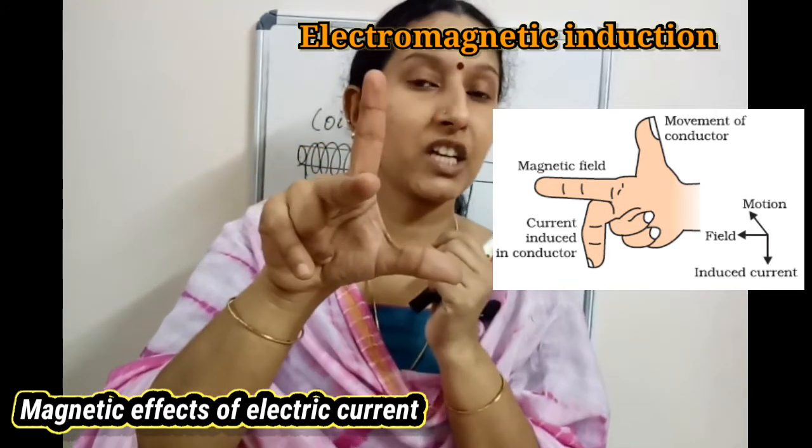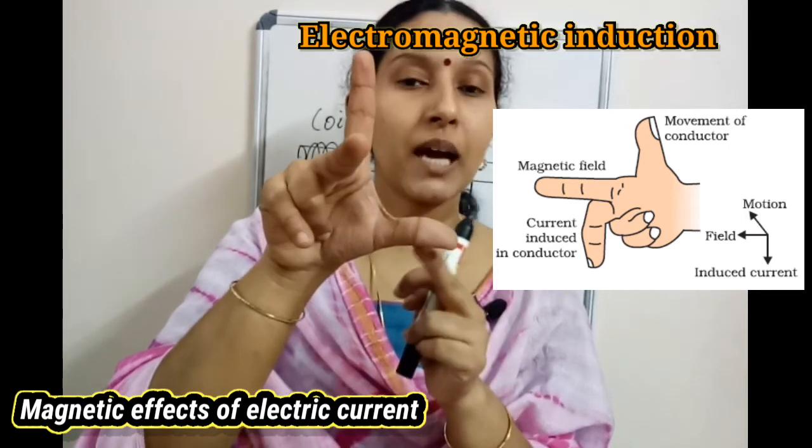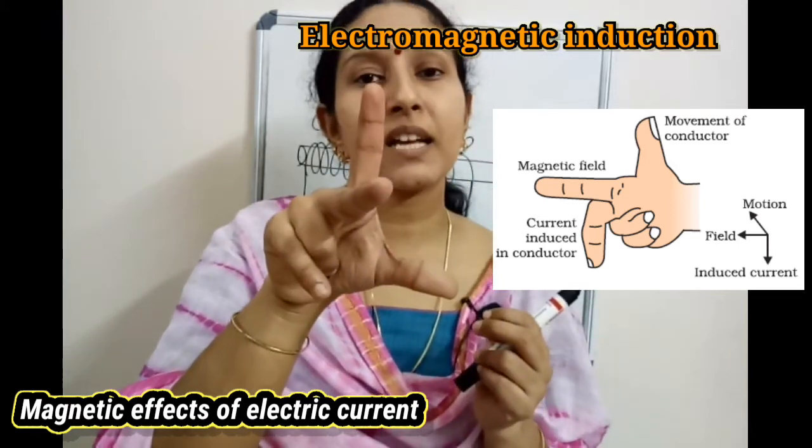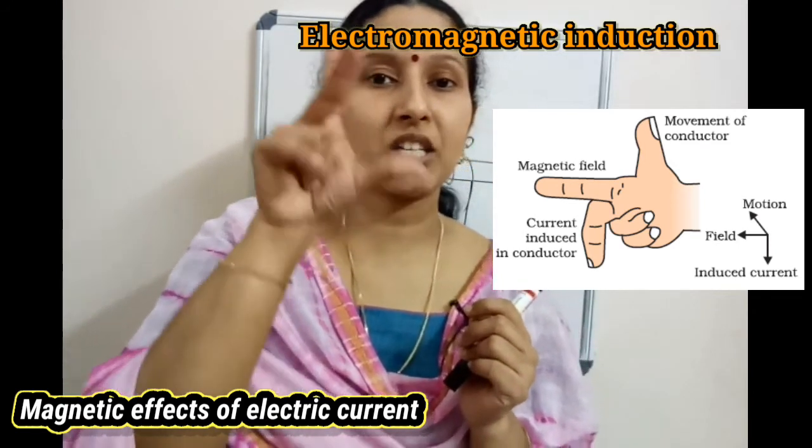Forefinger indicates the direction of magnetic field, thumb indicates the direction of motion, and middle finger indicates the direction of induced current.